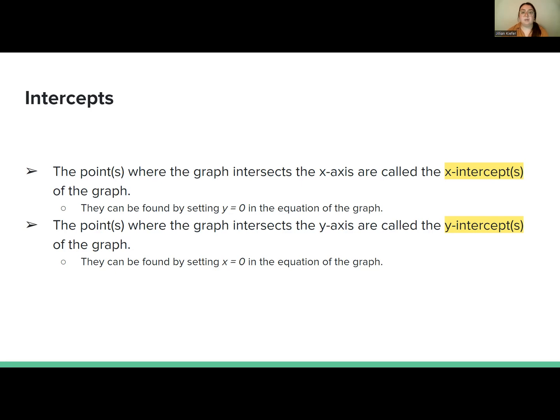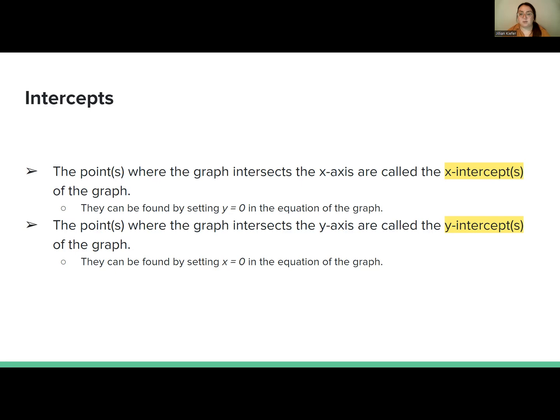If you have the actual graph on the coordinate plane, you just want to identify where the line goes right through the x-axis. That would be your x-intercept. But if you want to find it algebraically, you let y equal 0 and solve for x.